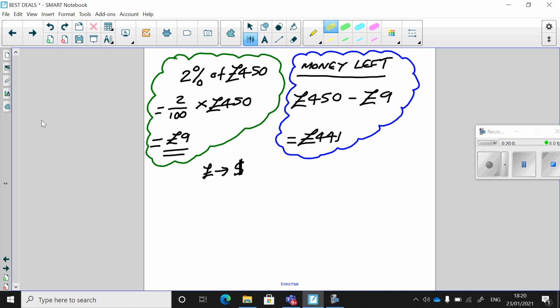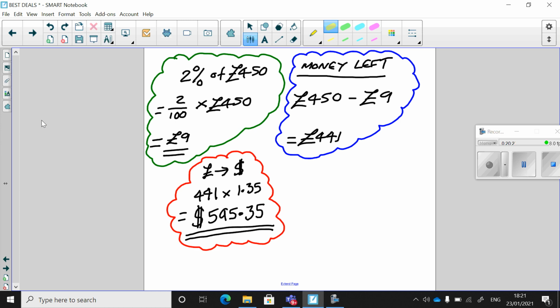The exchange rate I think was £1 to 1.35, but we had 441, and so that's why I multiply it by 1.35. And if you put that into your calculator, 441 times 1.35, you get 595.35. Right, that kind of looks good to me.